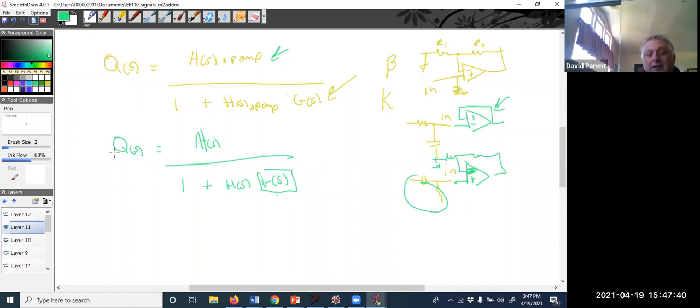So really, the controls, it's the same equation. We're left with the original numerator over the original denominator plus the original numerator times G(s).